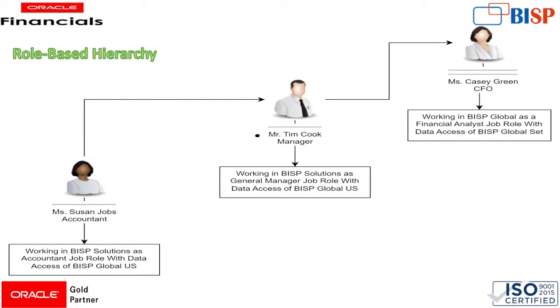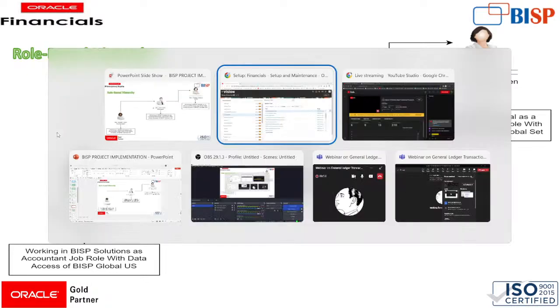First of all, we will move to Susan Jobs, then we will see Tim Cook and also Casey Green. I have already created these, since there are time limitations, and will navigate to them and explain how I have configured things in the application.